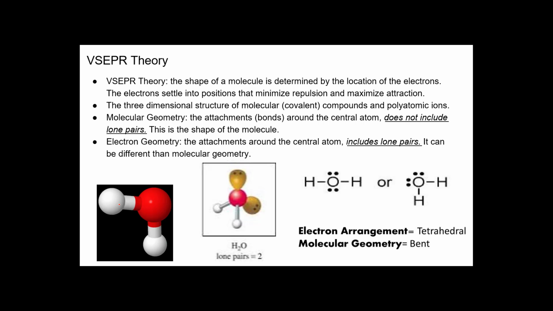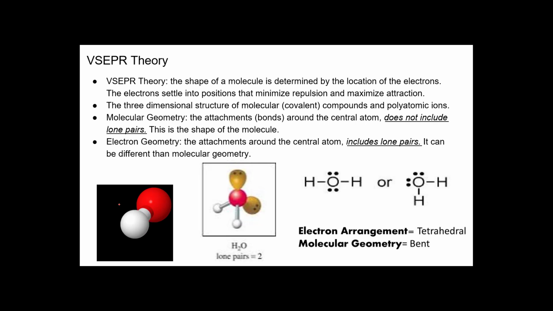It is the attachments. I call them attachments, but they're bonds around the central atom. It does not include lone pairs. Electron geometry is exactly what it sounds like. We count all the attachments, including the lone pairs, but they are different. If there are lone pairs on a molecule, the molecular and electron geometry will be different. If there are no lone pairs, they will be the same.